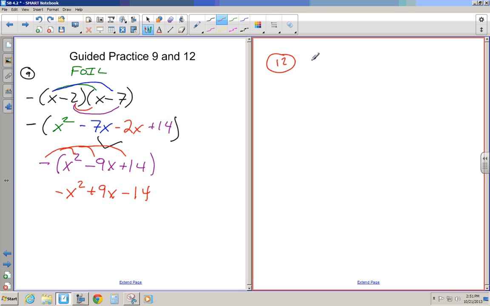Number 12 is in intercept form. Negative 7 times (x minus 6)(x plus 1). So we forget about the negative 7 at first. We do the first, x times x. We do the outside, x times 1. We do the inside, minus 6x. And we do the last.